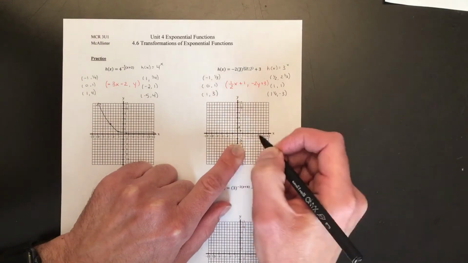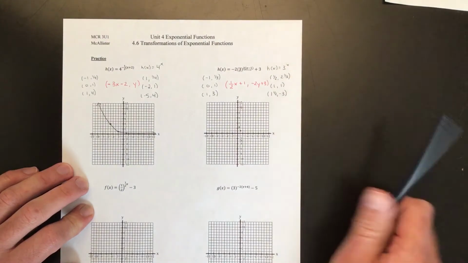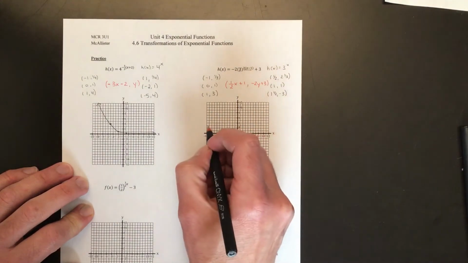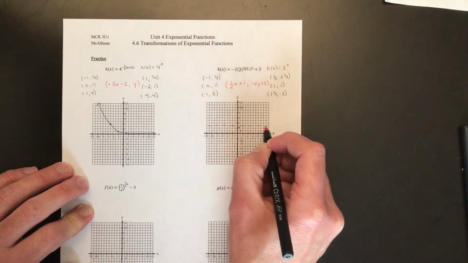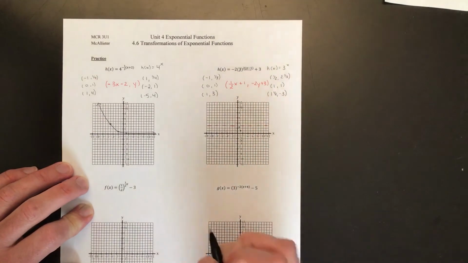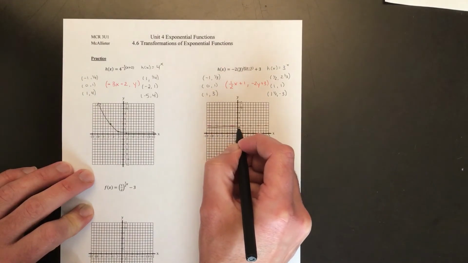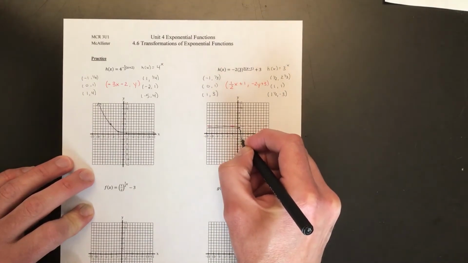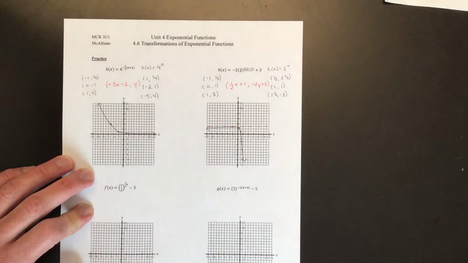So really, really close together. Asymptote at +3. So graph comes along here, hits those points, and then essentially goes straight down.